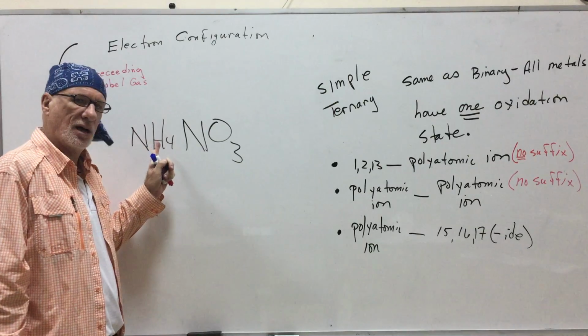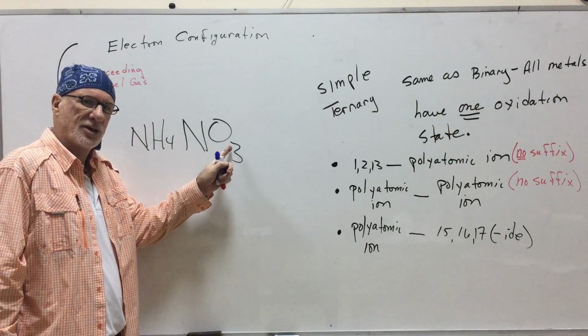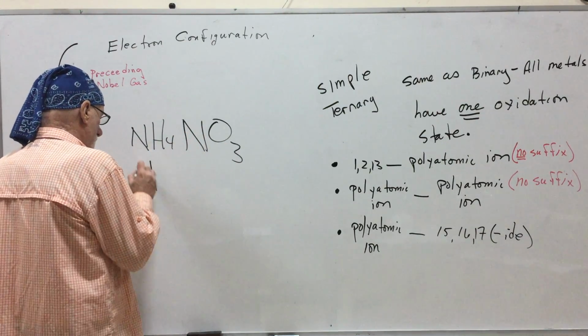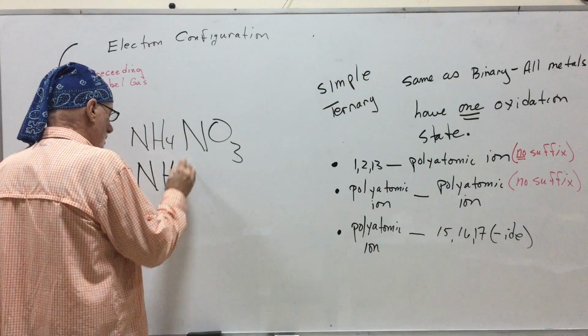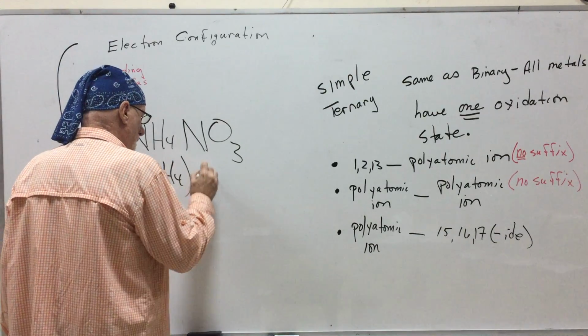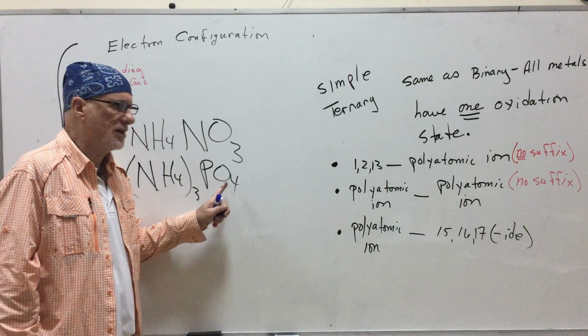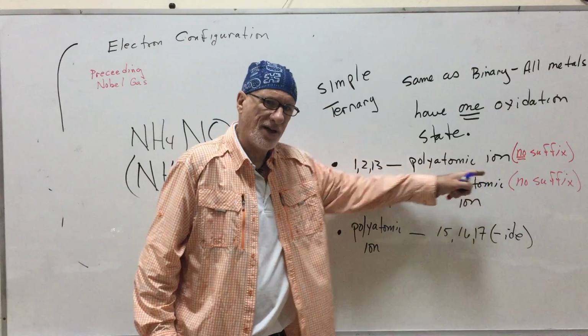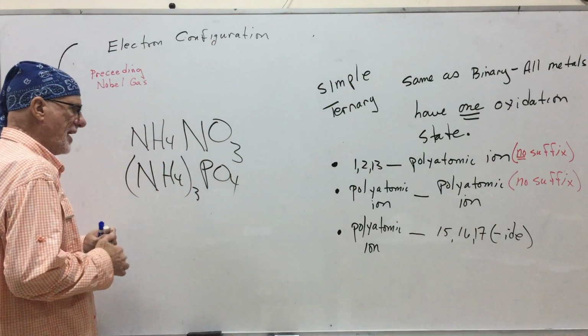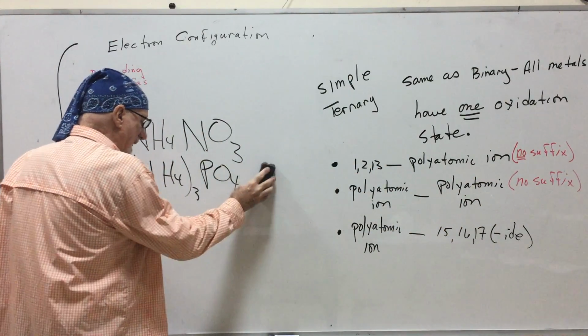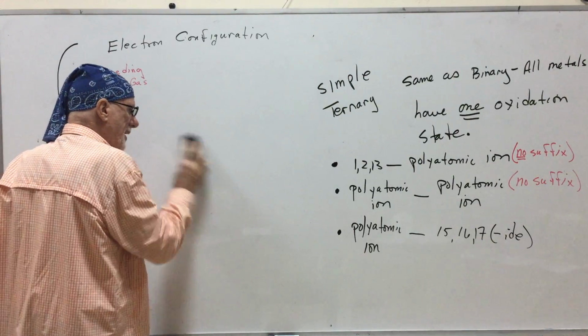Plus 1 ammonium, minus 1 nitrate. Ammonium phosphate. Notice, no suffix. So that's the second type, 2 polyatomic ions.